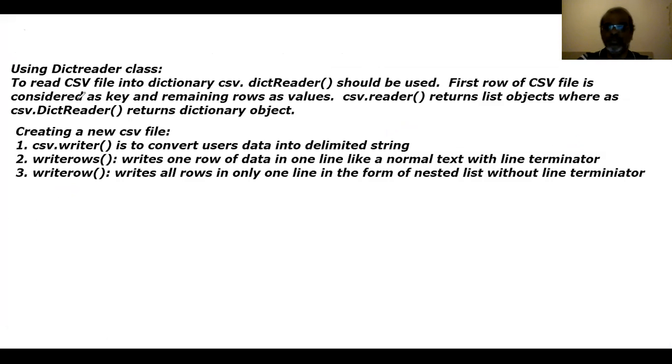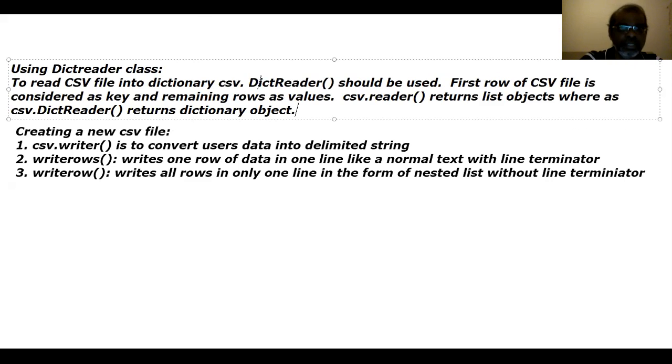To read a CSV file into a dictionary, csv.DictReader should be used, with capital D and R. Here the first row of the CSV file is considered as keys and the remaining values as values. csv.reader returns a list object, whereas csv.DictReader returns a dictionary object.